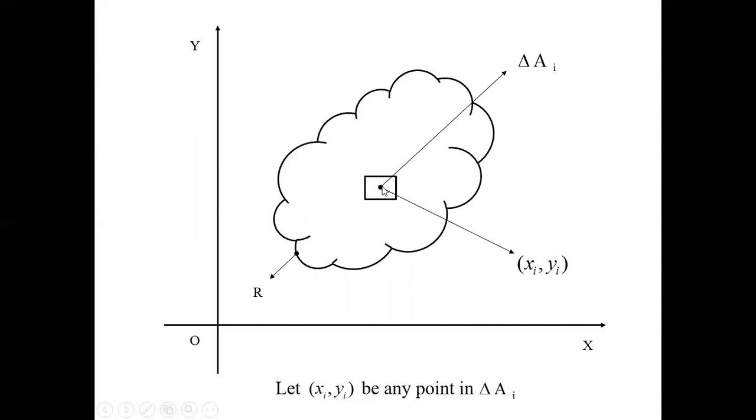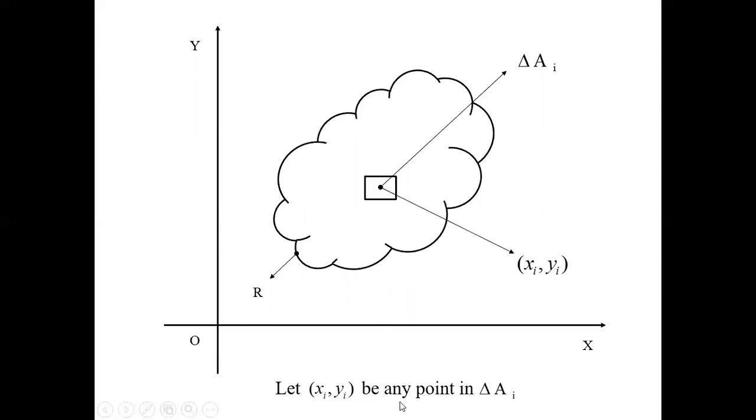We have taken a point xi, yi in this elemental area delta Ai. Therefore, you have this form of the figure.